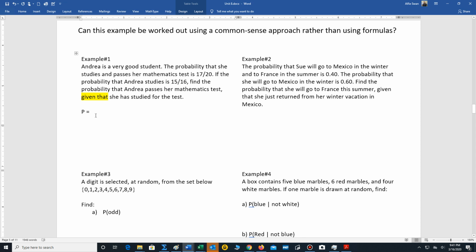So we need to calculate the probability that she does both: she studies and passes the test. That's given, 17 out of 24. That's our numerator, the probability of her doing both, studying and passing the test. Then we're going to divide this by the chance that she studies, which is 15 out of 16.